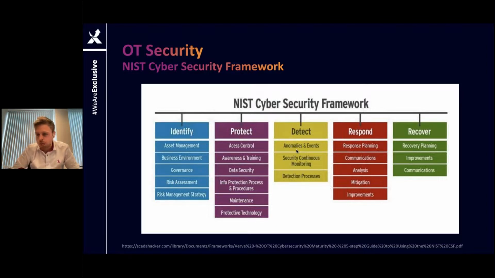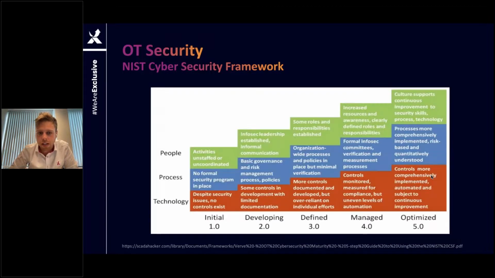You do not want to stop traffic between two sensors if they need that input. And then we have respond and recover. You need to have a plan in mind. What if something happens? How do I mitigate it? How do I communicate to the outside world? And how am I going to recover from maybe a security incident or something else? So you need to have a plan in mind.